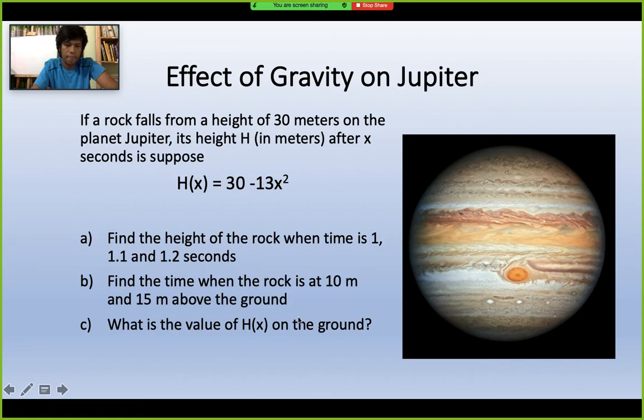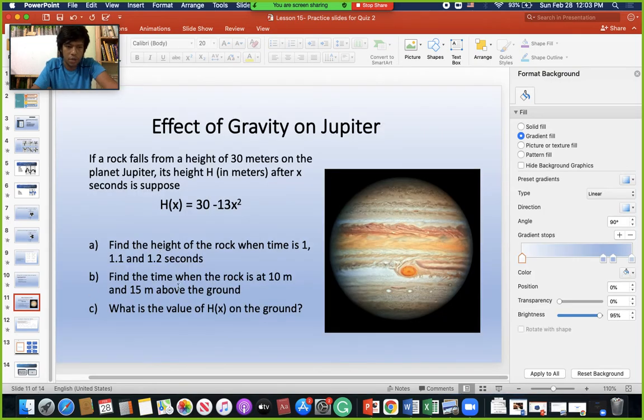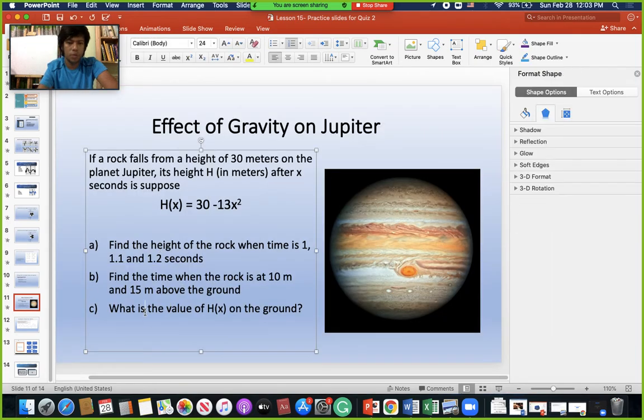So on the ground means the height is 0. So if we put 0 for h of x, then let's change this question a bit. Let's write: what is the time when the rock is on the ground?